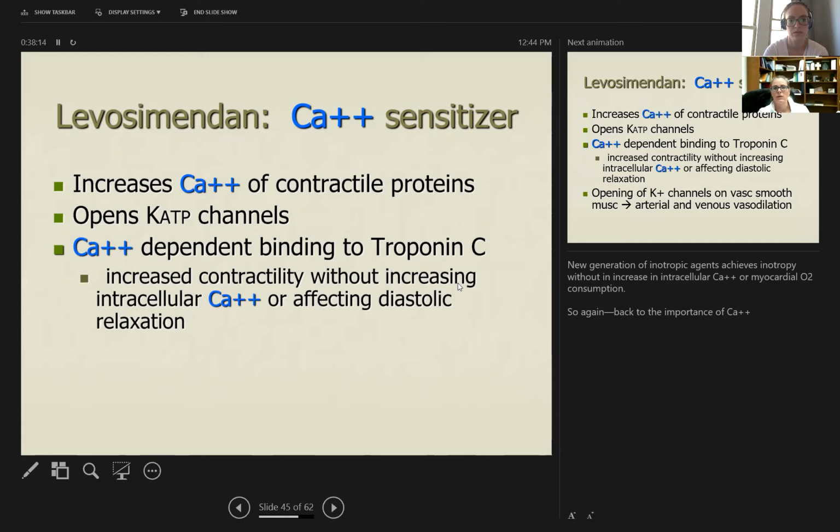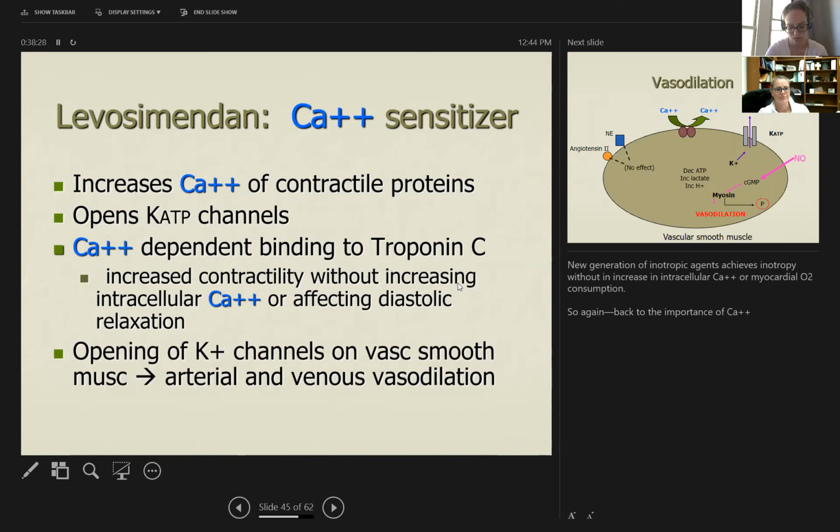It's basically just making the cells more sensitive to the calcium that's already there to help improve cardiac function and cardiac output.